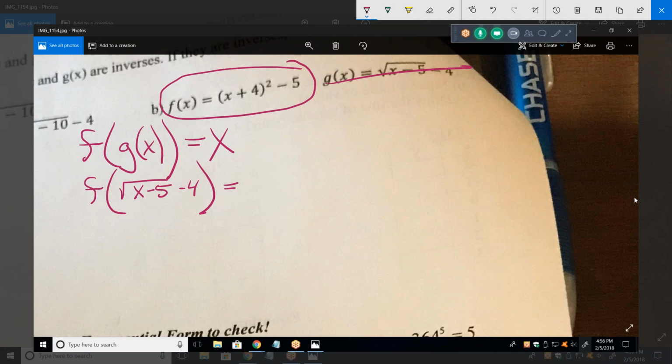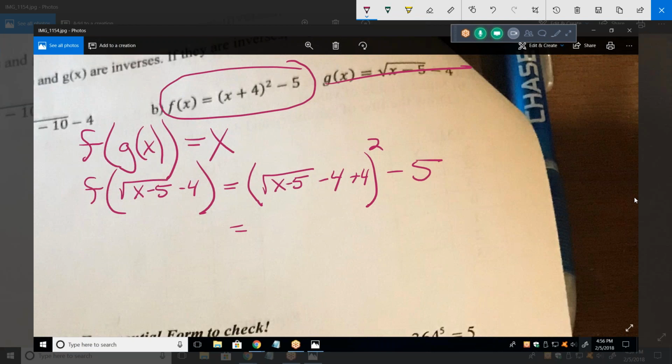Equal to parentheses square root of x minus 5 minus 4, and then plus 4 parentheses squared minus 5. Perfect. Now simplify that whole thing.